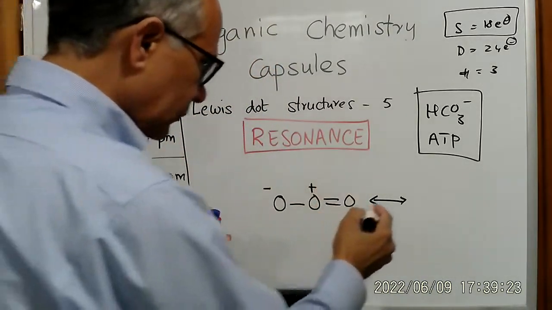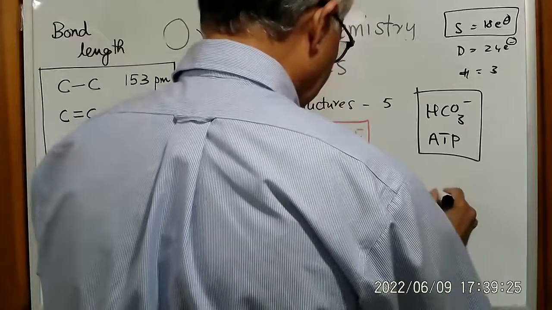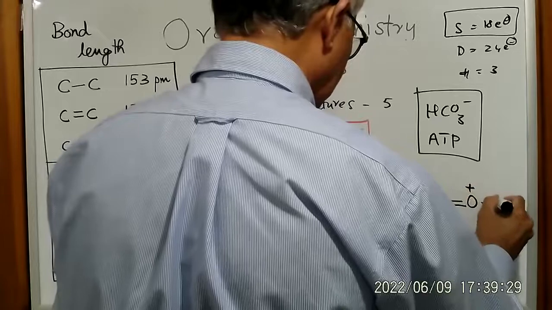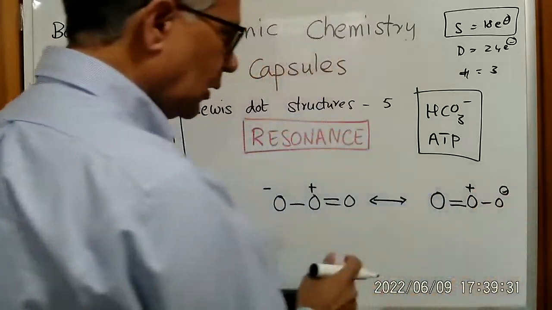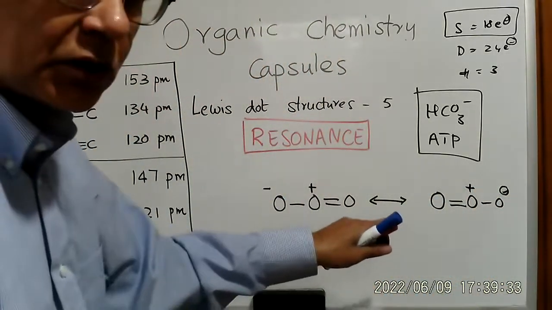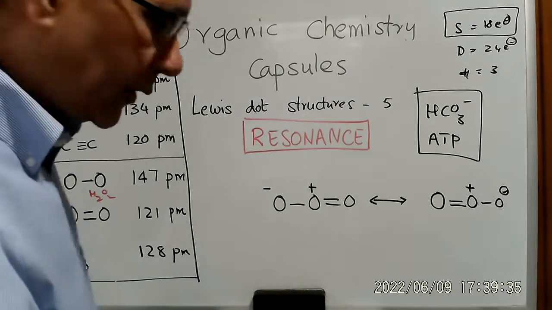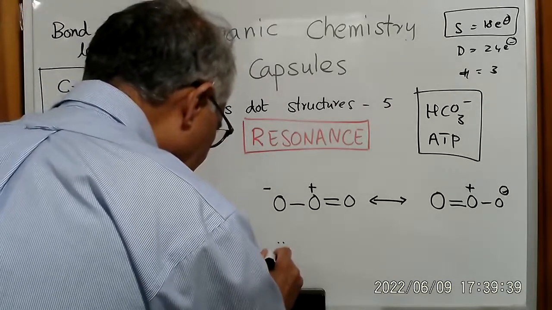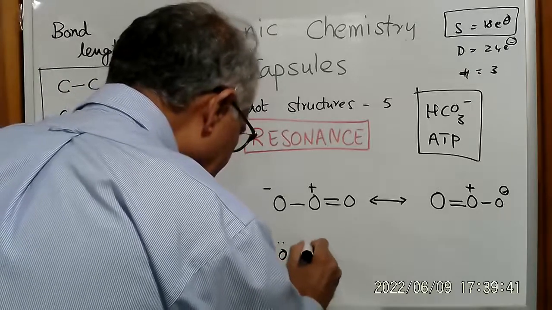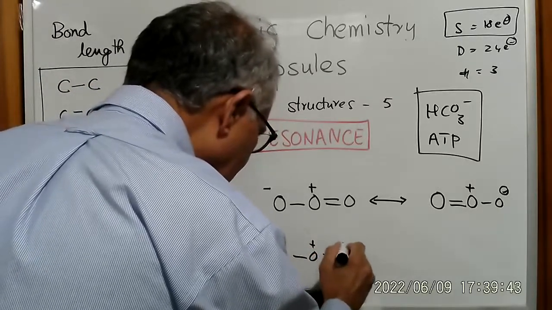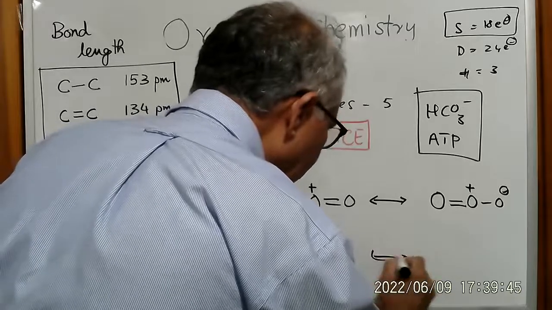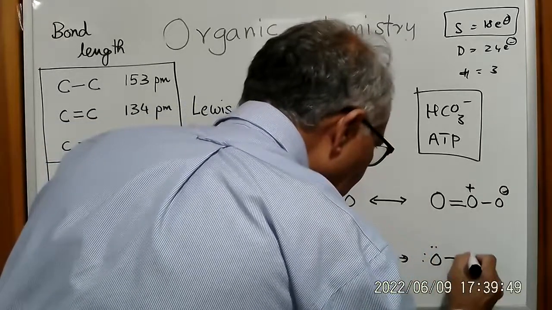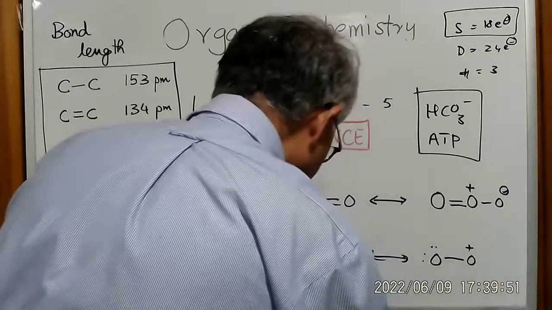Okay. Now, the other structure we had was like this, plus O minus, right? So notice in this structure, I omitted the lone pairs. We do not need to show the lone pairs all the time. So if we show the lone pair, it's like this. The lone pair here.